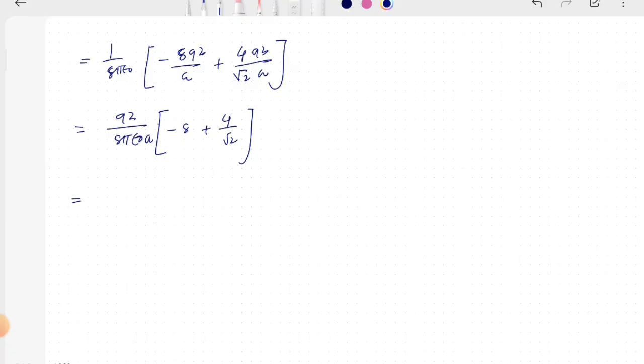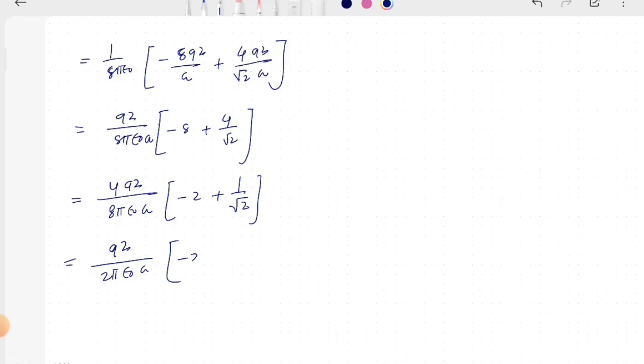so 4 Q square upon 8 pi epsilon naught A, minus 2 plus 1 by root 2. So okay, that is equal to Q square upon 2 pi epsilon naught A, minus 2 plus root 2, minus 2 plus root 2.